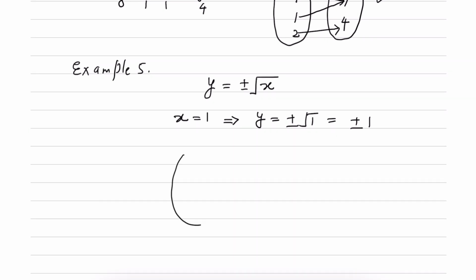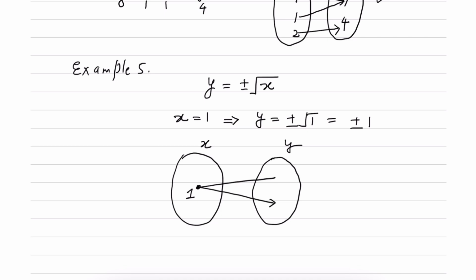So let's see whether this is the description of a function or not. We had taken one x value, which was 1, and the output was -1 and 1.